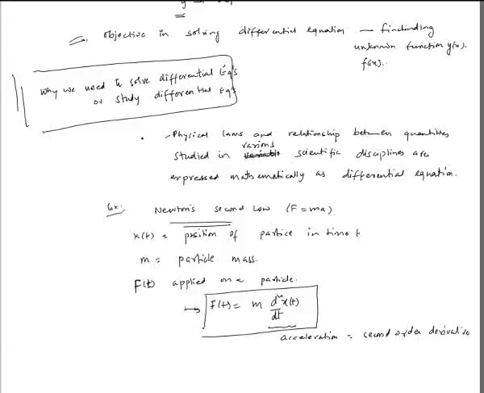Similarly, I can give you another example. Say you have a biomass m of t of a bacterial culture, some amount of bacteria that you are calling a biomass. The way the bacteria grow can be expressed in this form.